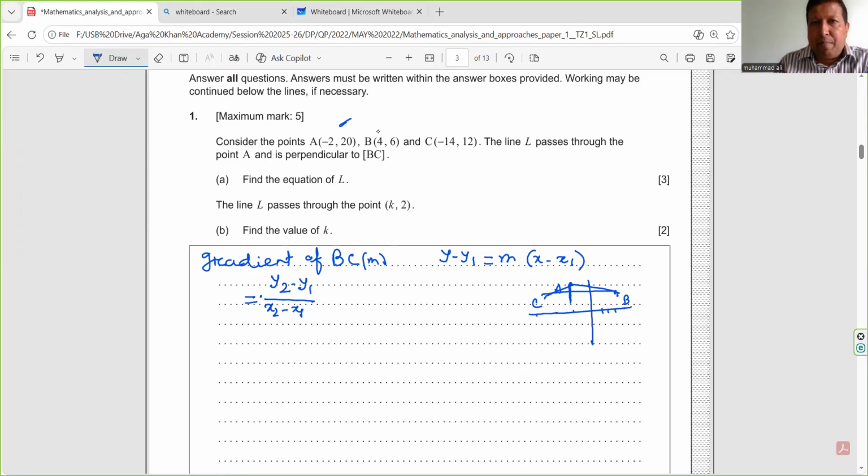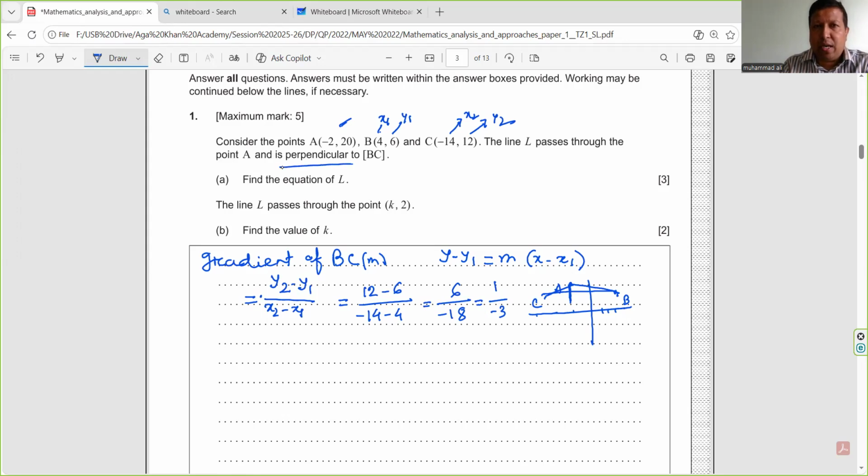Now here for B and C, this is x1, this is y1, this is x2, and that one is y2. So the difference between y coordinates is 12 minus 6, divided by minus 14 minus 4. So it is 6 over minus 18. So we'll get 1 by minus 3. So this is the gradient of BC.